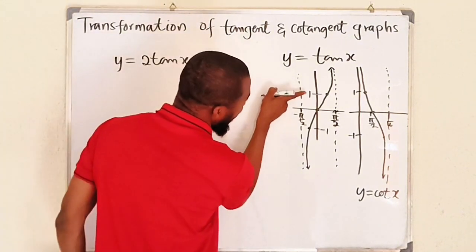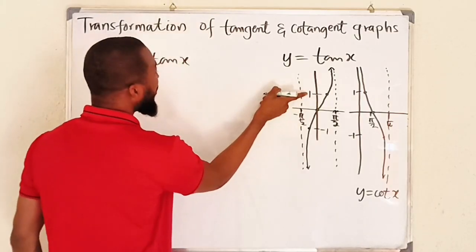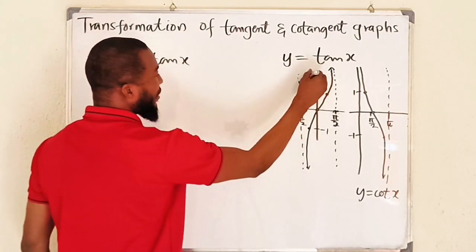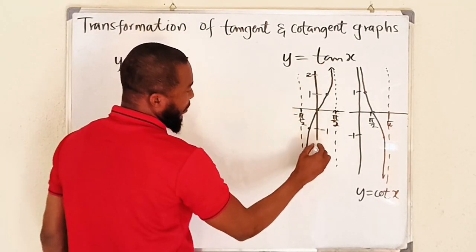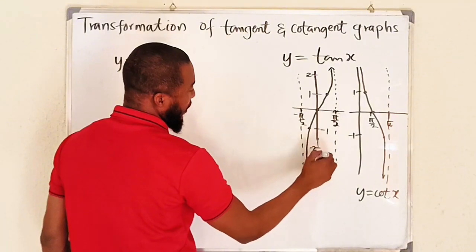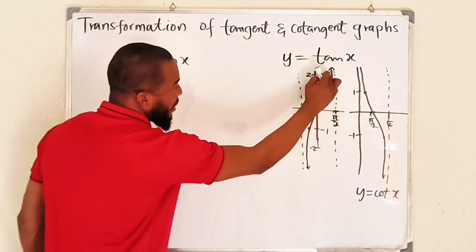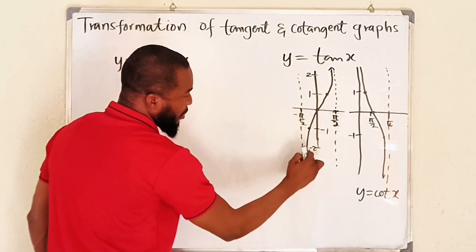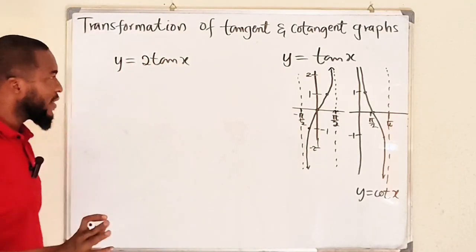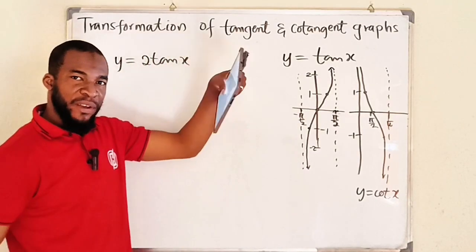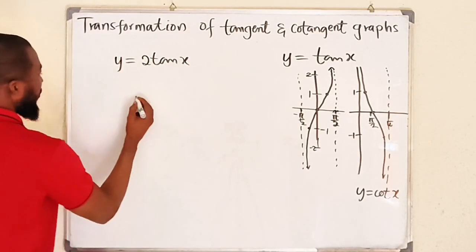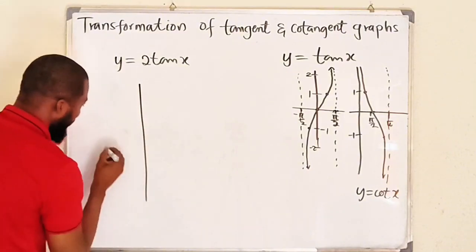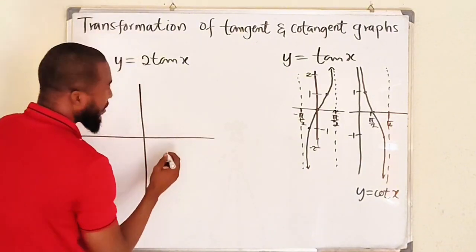So if this point is 1, you multiply it by 2, it will reach 2. If this is 2, maybe this is -2. So this point will be here and this other point will be down here. That is just the difference between them. It is just going to stretch the graph vertically.